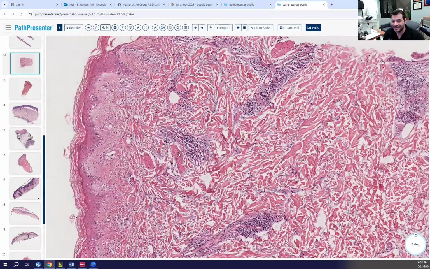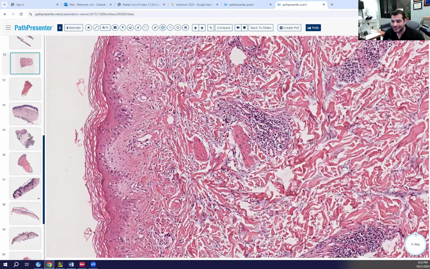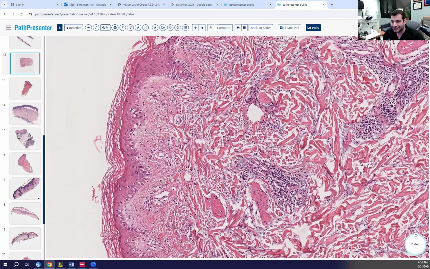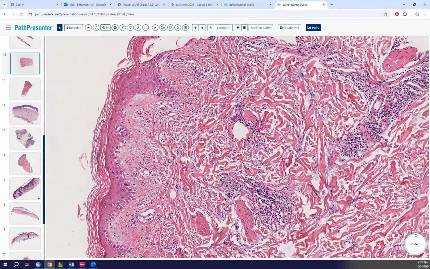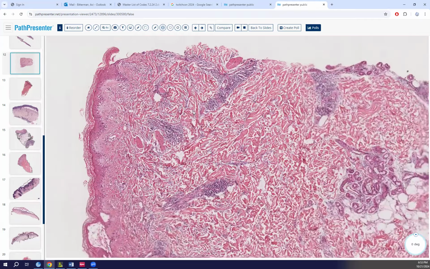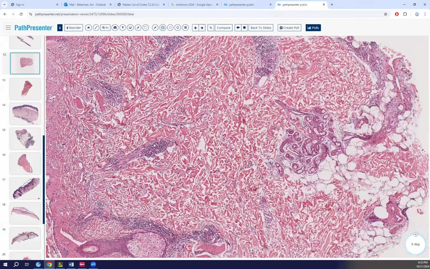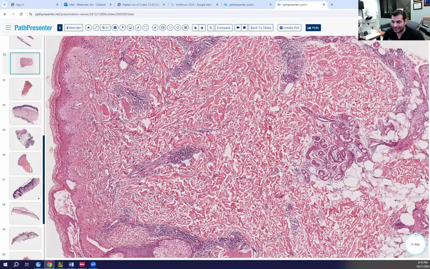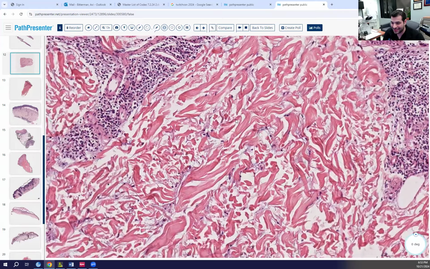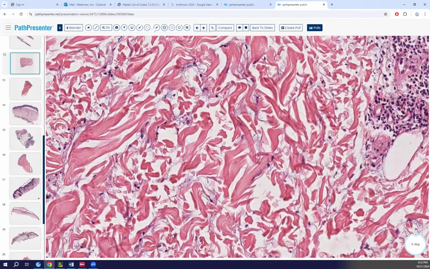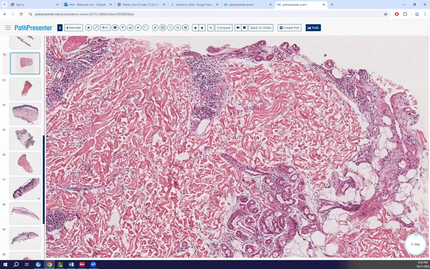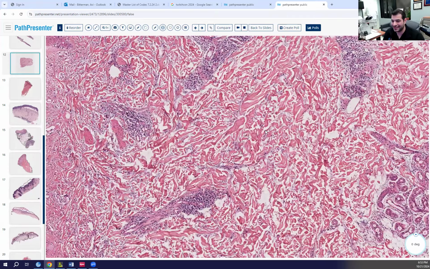Any other findings? I can't remember all the features, but that's how I think about it. Well, what's this wispy material? Mucin. Yes, there's mucin.